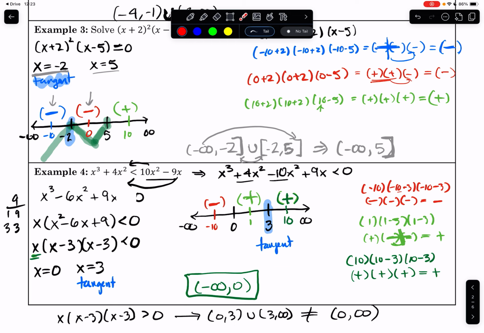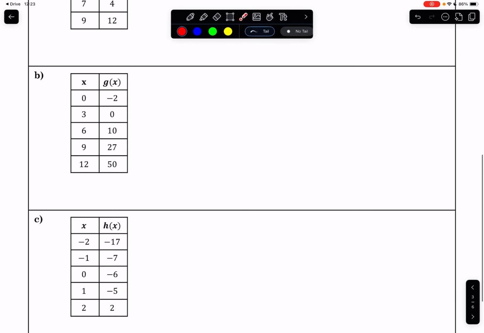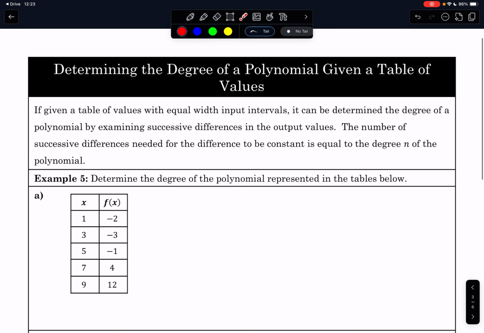Okay, let's change gears now. And let's talk about polynomials, but not inequality polynomials nor solving inequality polynomials, but how do we determine the degree of a polynomial given a table? Well, if we're given a table of values with equal width input values, and that's the key part, okay?